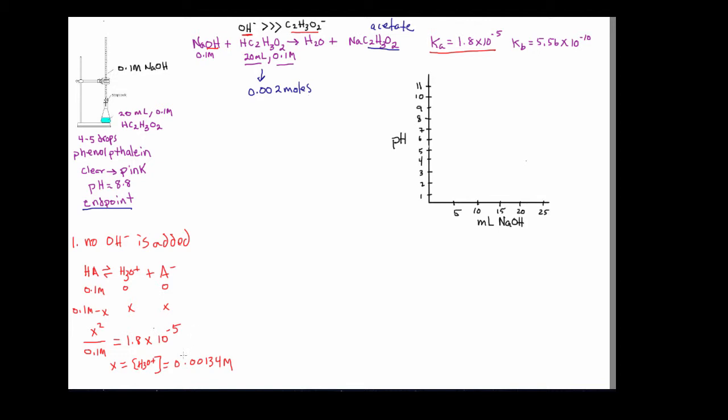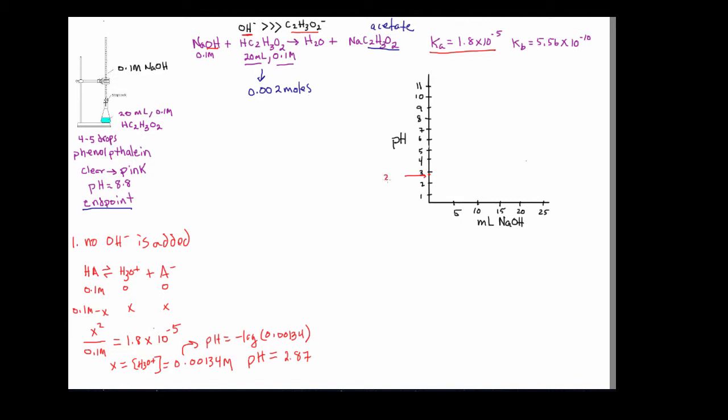When we take the pH of this value, which is minus the log of this value, the pH of the solution before any NaOH is added, before any hydroxide is added, is going to be 2.87. So coming up here, I'm going to go ahead and mark that point on our graph. This is going to be approximate. So I'll put a red dot there. That's where we're starting with the titration.